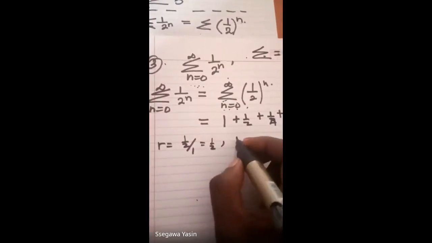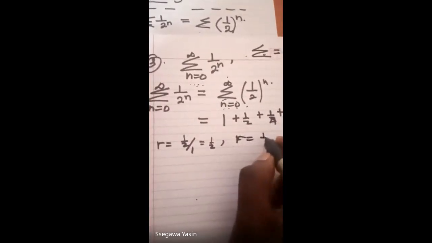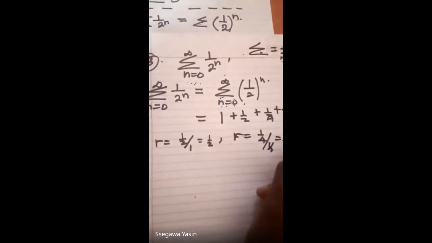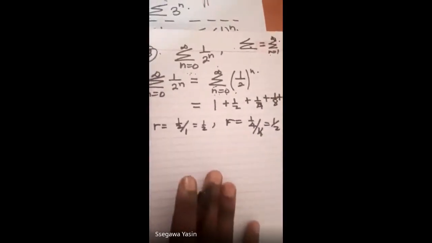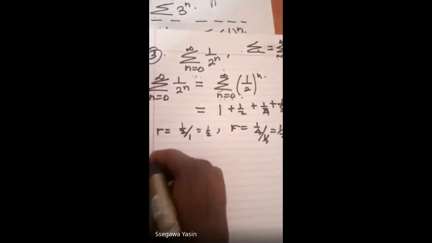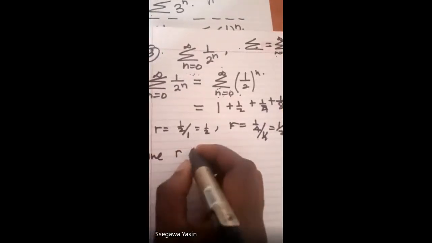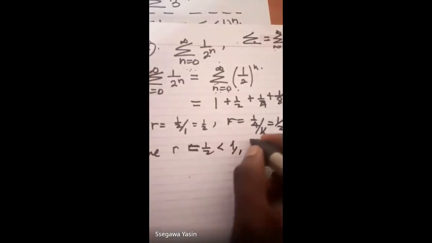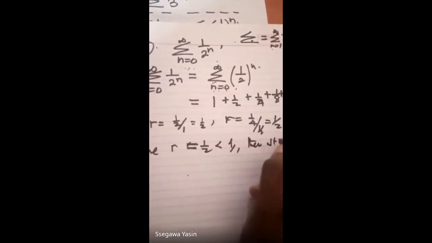Similarly, we can test: r equals a quarter divided by a half, still a half. Since r is equal to a half and it is less than 1, then it converges.